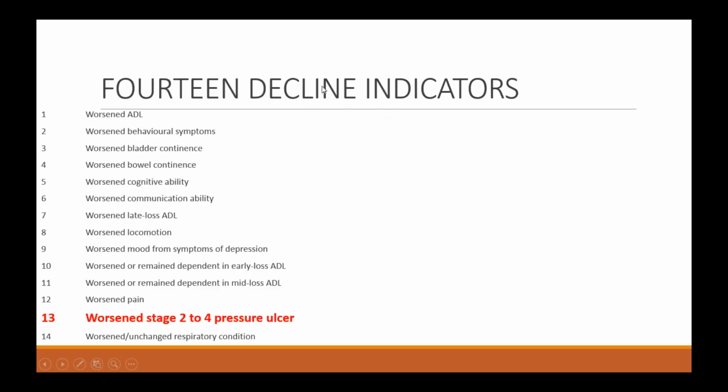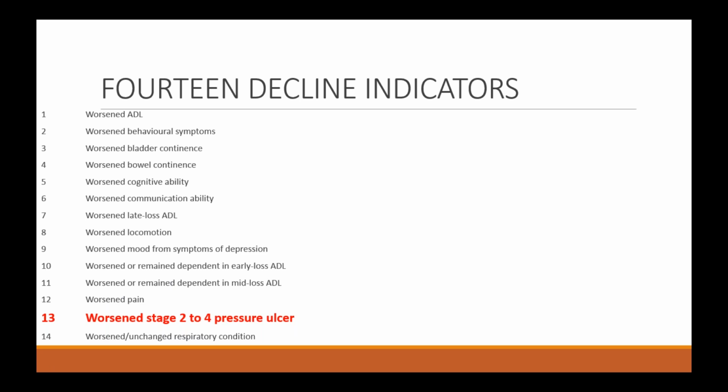And then there are 14 decline indicators where they're measuring decline in status for a particular individual, either functional status or their medical condition. Now here we're looking at worsened stage 2 to 4 ulcers. So those are the 3 different indicators that we're looking at.